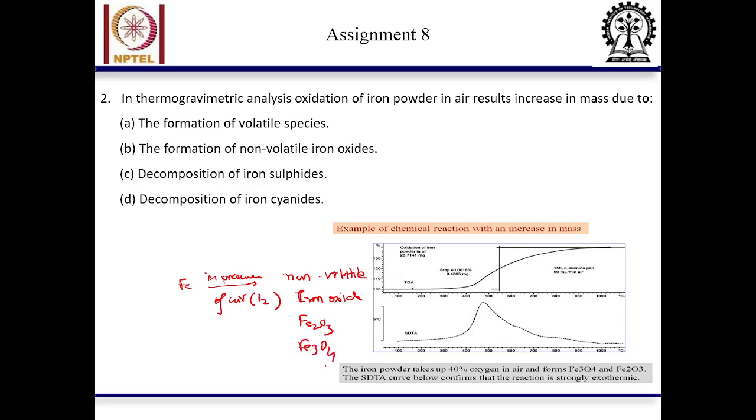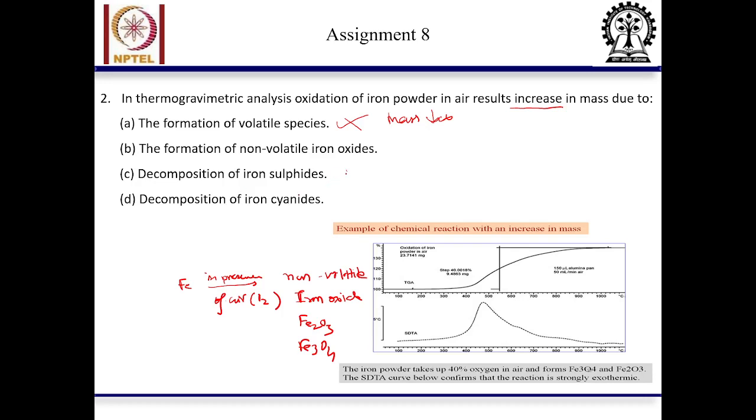Right. Now if we go by the answers, first is the formation of a volatile species. This is wrong. Why? Because if we form a volatile species, it will immediately go away from the sample holder, so the mass will decrease, but here we are interested in an increase in mass.